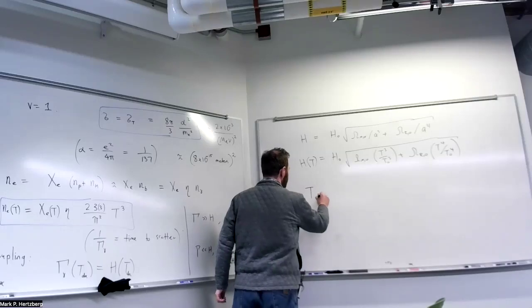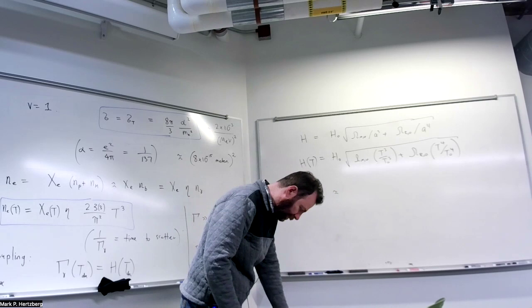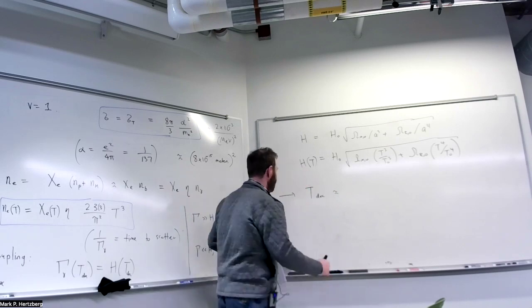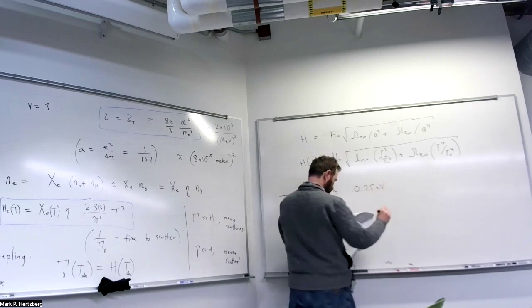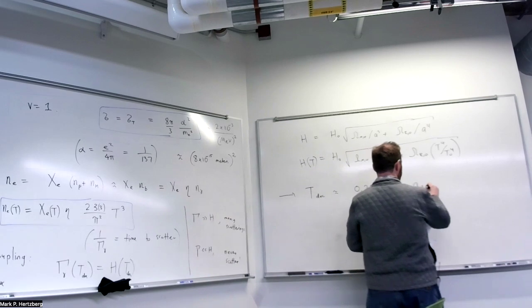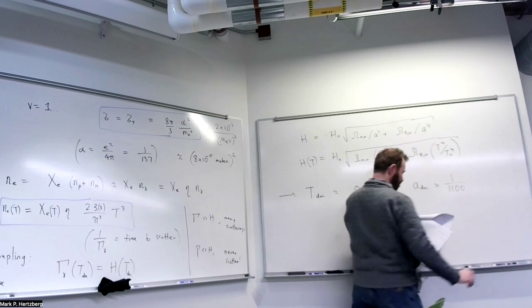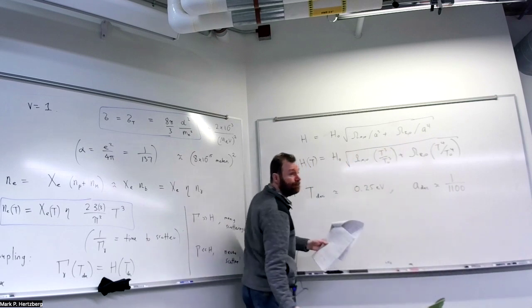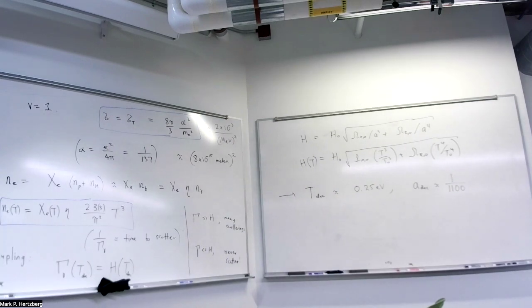T_dec, for decoupling, is 0.25 eV or so. And that corresponds to a scale factor of about 1/1100. Is that all right? I mean, you have to set them equal to each other.